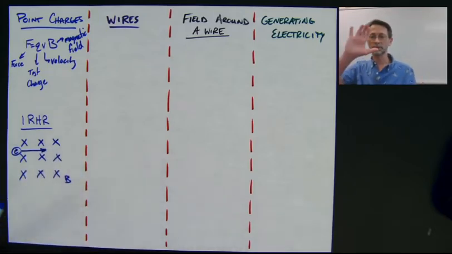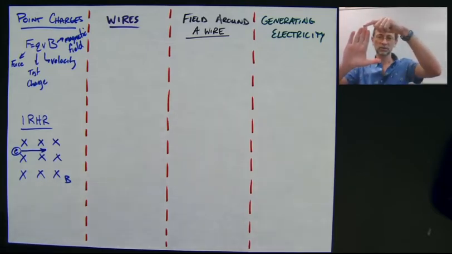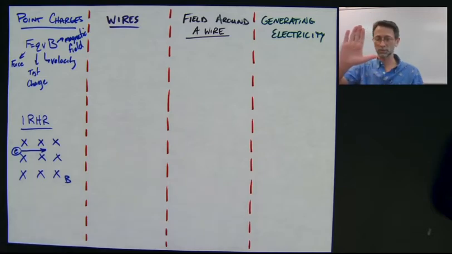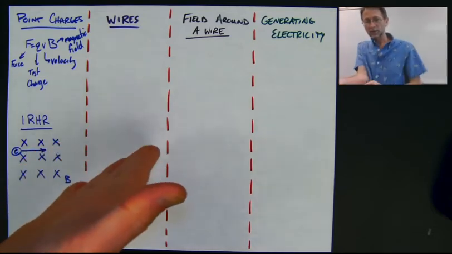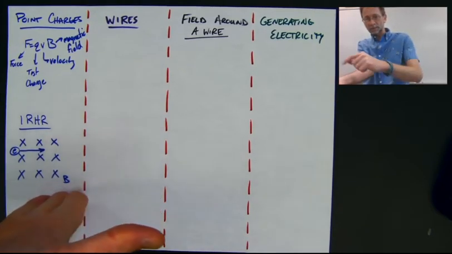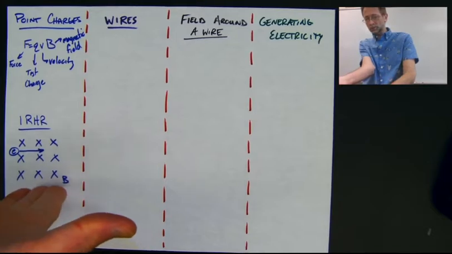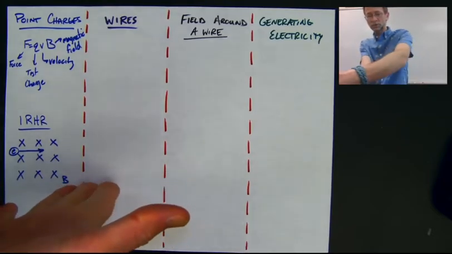So remember that for the right-hand rule, you're going to use your right hand. Your thumb goes with the velocity, fingers go with the field, and your palm is going to go with the force. So I'm going to finagle my hand so that the fingers are going into the desk. My thumb is going in the direction of the velocity, and because it's an electron, the force will be going into my palm.